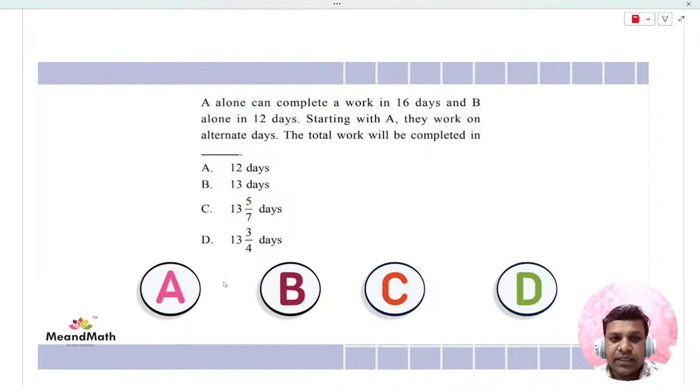Option A, 12 days. Option B, 13 days. Option C, 13 and 5 upon 7 days. And the last option, 13 and 3 upon 4 days. Take 2 minutes to solve this and give me the answer.